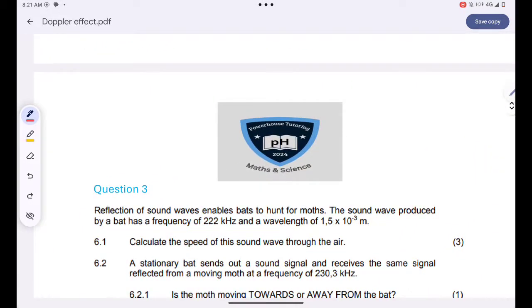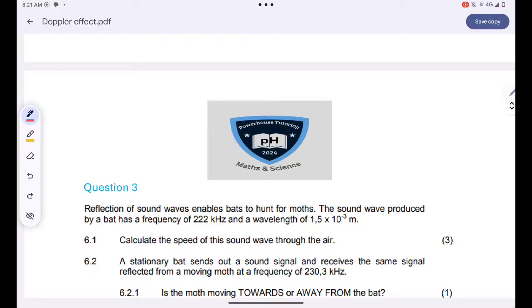So the bats are actually smart, guys. Whenever it comes to hunting, they will just produce a sound wave, and if the moth reflects a frequency of sound which is greater than that of the bat, it simply means that the moth is approaching, or rather coming towards the bat.